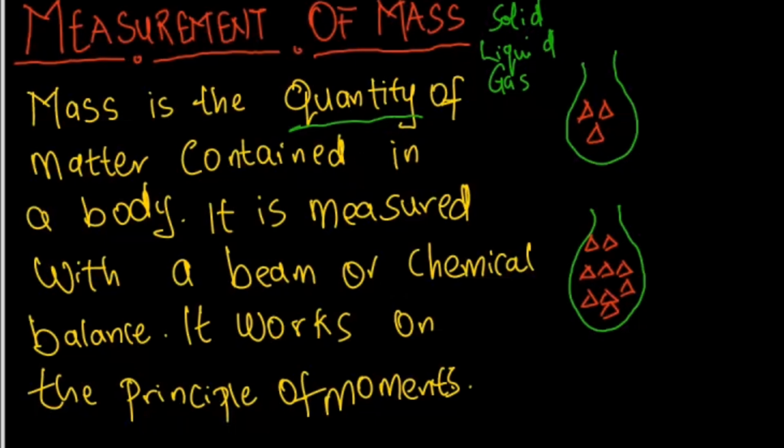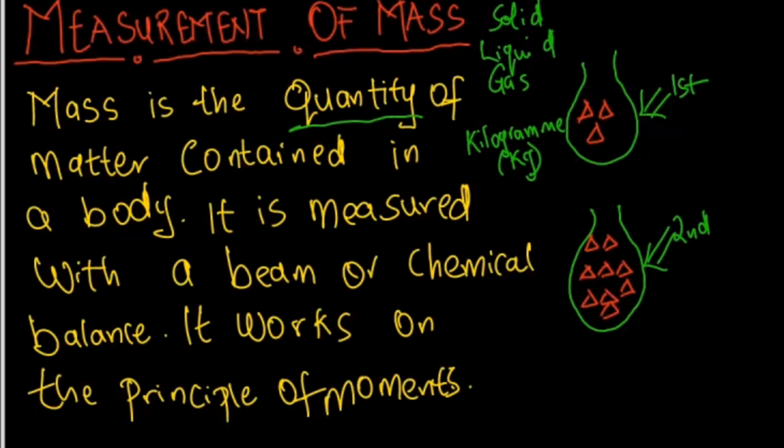So how much of matter do we have in a certain body? And mass is measured in kilograms. So if you watch our previous video, we talked about the unit for measuring mass, which is kilogram. So if you look at this first bag, we have a bag containing 3 pieces of stone, and we have our second bag containing about 8 or 9 pieces of stone.